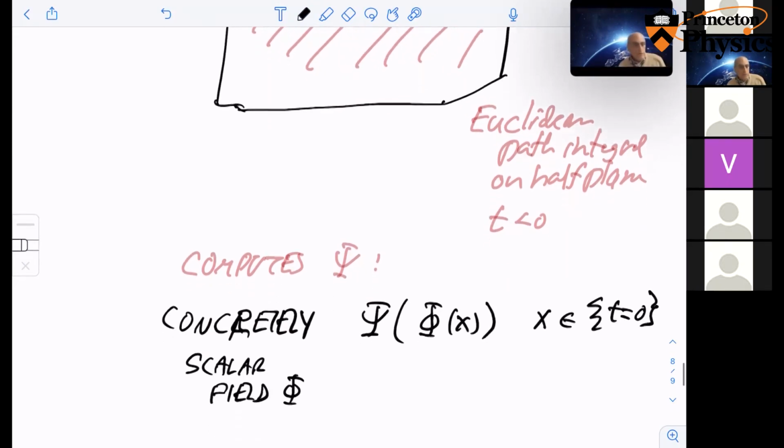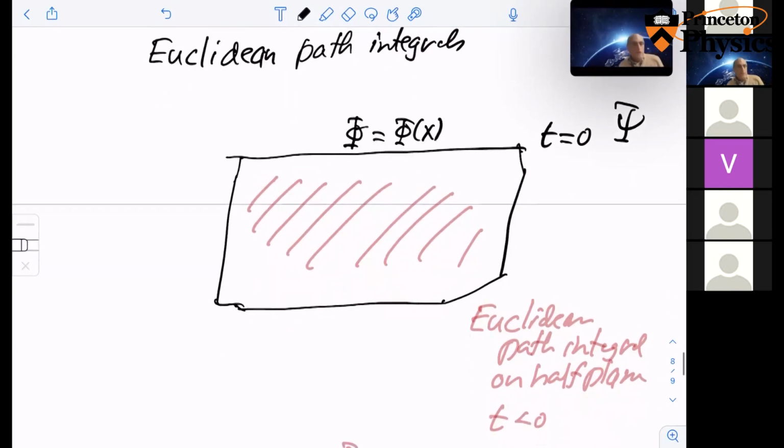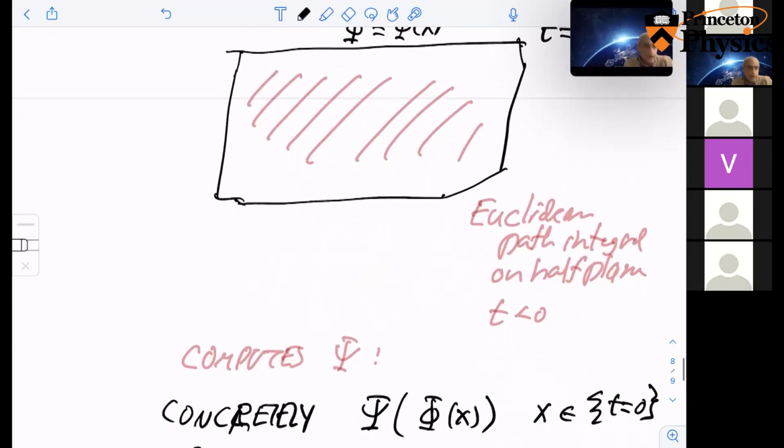So what Feynman would tell us is that if you specify the boundary condition phi equals phi(x) at time zero, and do a path integral on the Euclidean past with that boundary condition at time zero, the output of the path integral with that boundary value will be a function psi of phi(x), which will be the ground state wave function. So hopefully you're familiar with that from your prior study of field theory.